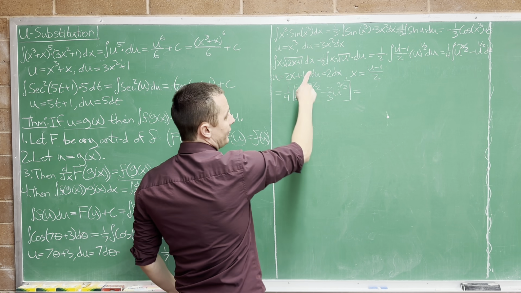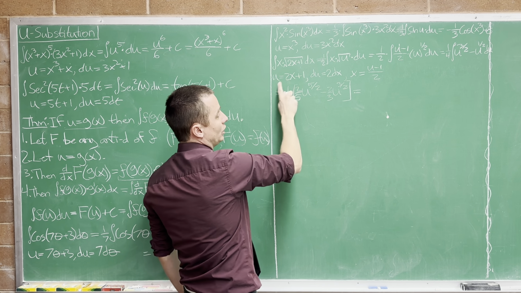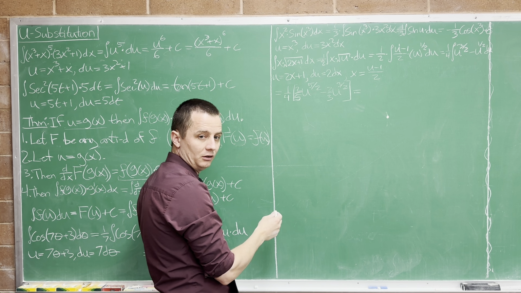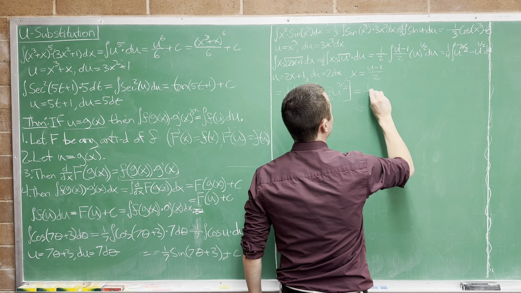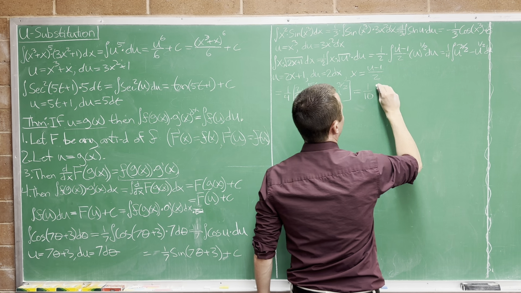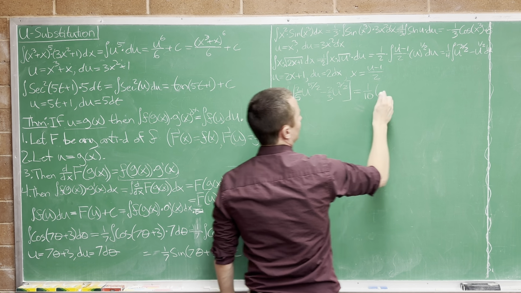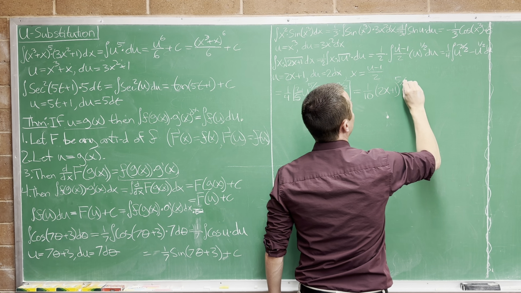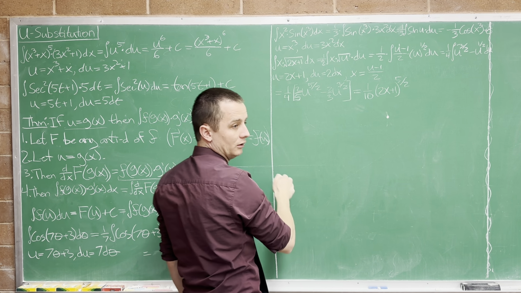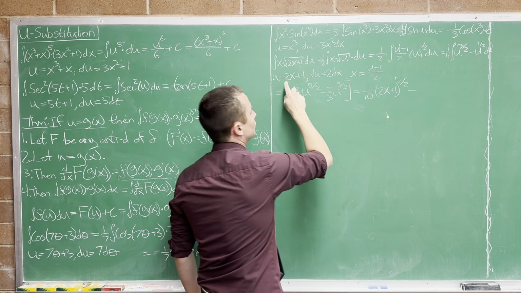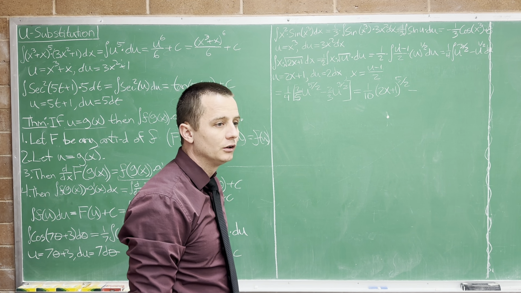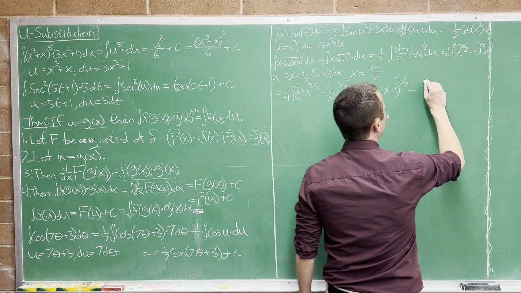1/4 times 2/5 is going to be 2/20 or 1/10. 2/20, 1/10, same thing, you see it? So we're going to have 1/10 times u to the 5/2. What was our u? 2x plus 1. So that's this term. Minus, what's 1/4 times 2/3? 2/12 or 1/6.